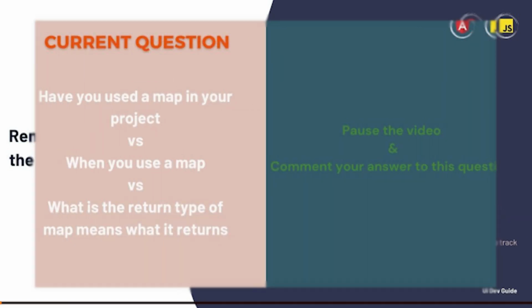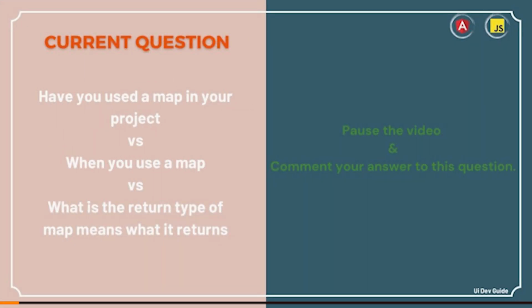Okay, so have you used a map in your project? Yeah, I sometimes use it, but mostly I use filter, find, these kinds of things. We use a map when we want to change each value of the array. So for changing the array values, we use only map. What is the return type of map?